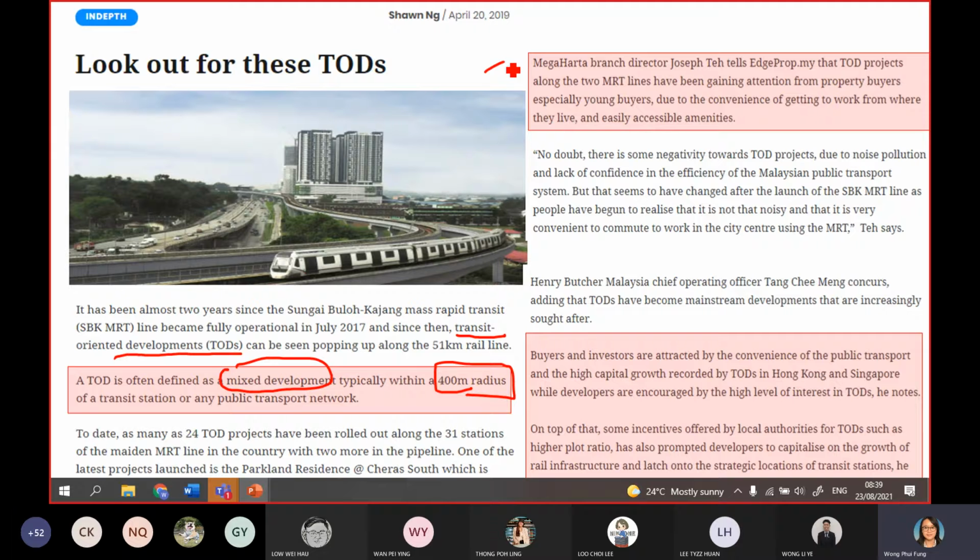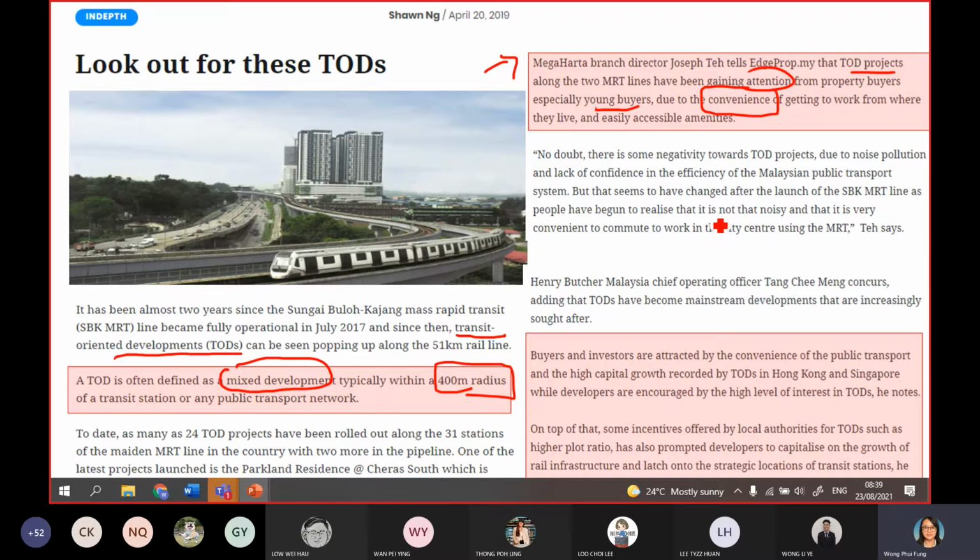So look at here. TOD projects along the two MRT lines have gained attention from property buyers, especially young buyers. Of course, why? You all should be very expert. Convenient, no? Because KL or the city central has a problem of what?